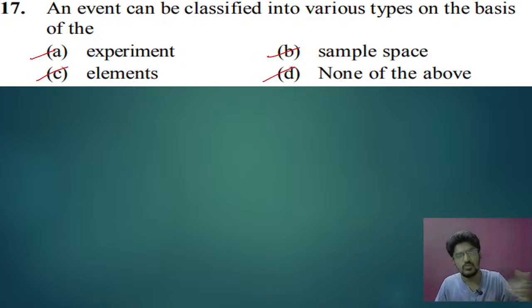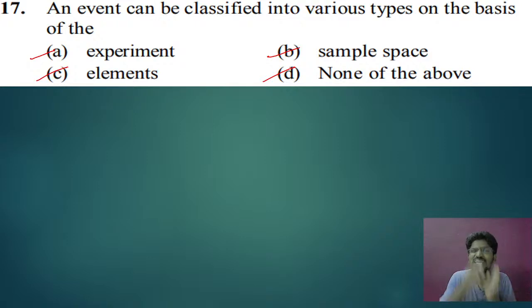If you have gone through my previous classes, you know what is a sure event, what is a null event, and what is a compound event. What is a mutually exclusive event, what is a mutually exhaustive event, all these I have explained in my previous classes. So for them it will be very easy.